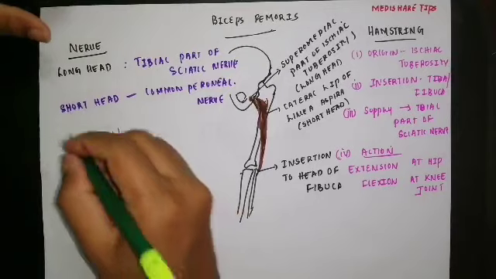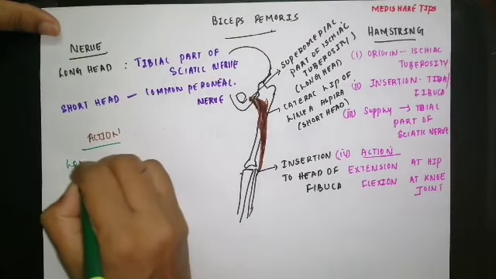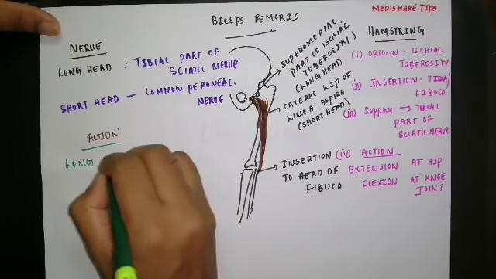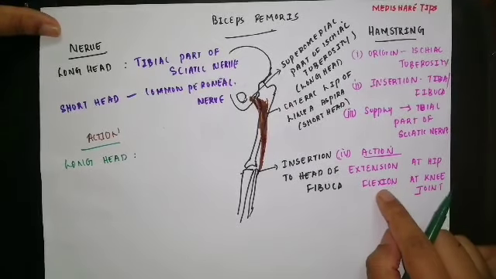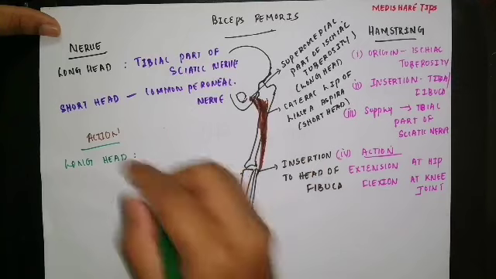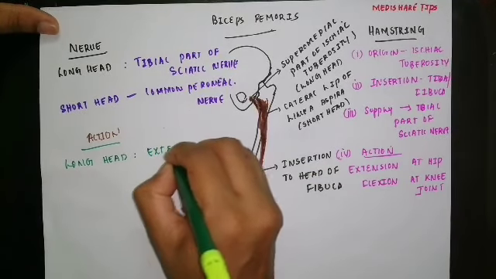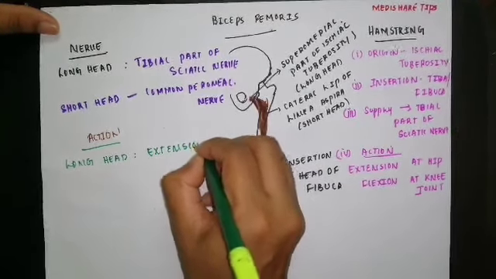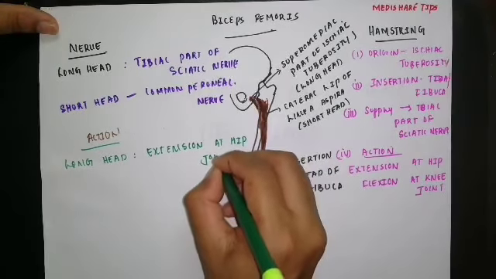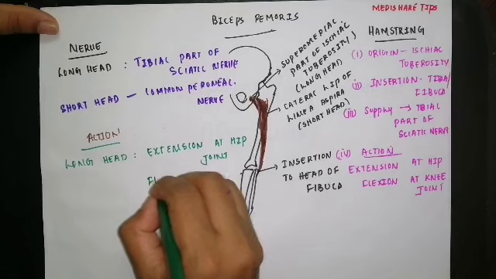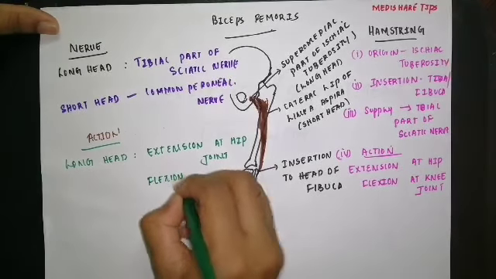So we will say it separately for the long head and the short head. The long head being a hamstring muscle, its action is, as we have said, extension at hip joint and flexion at knee joint. That is the action. Extension at hip joint and flexion at knee joint.